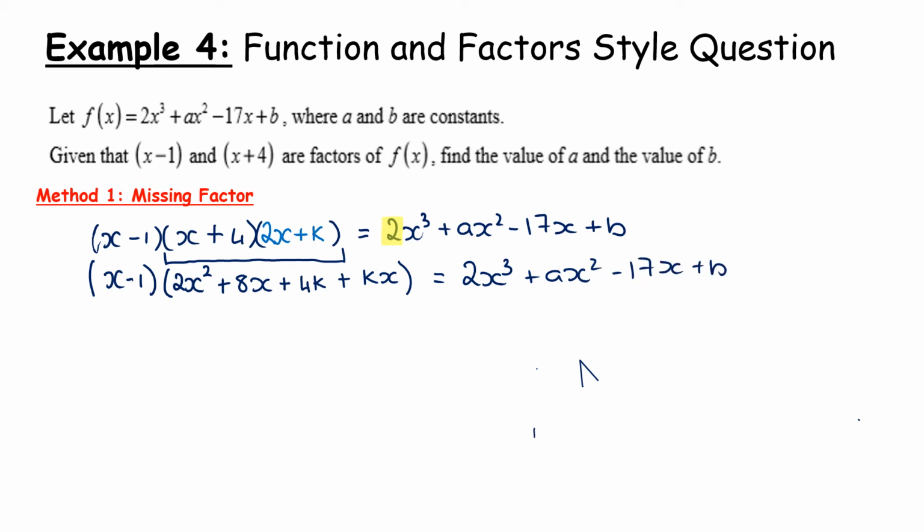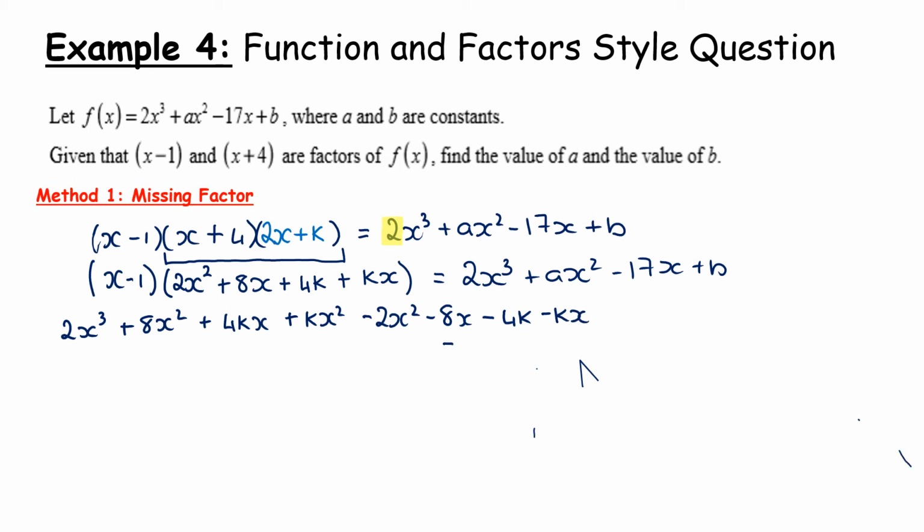So we need to multiply this out. So you get 2x cubed plus 8x squared plus 4kx plus kx squared minus 2x squared minus 8x minus 4k minus kx.